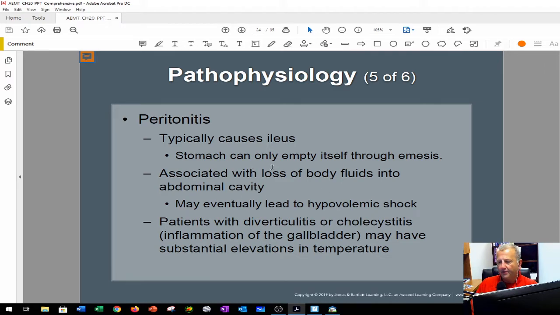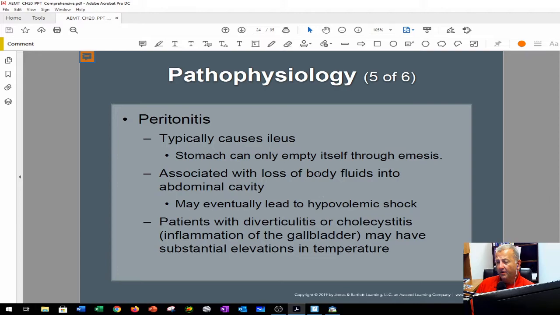So the book goes out of the way to say that we can associate loss of body fluids, and we could see patients experiencing hypovolemic shock from peritonitis. And yeah, definitely it happens, but not with every abdominal pain. I would say most don't.